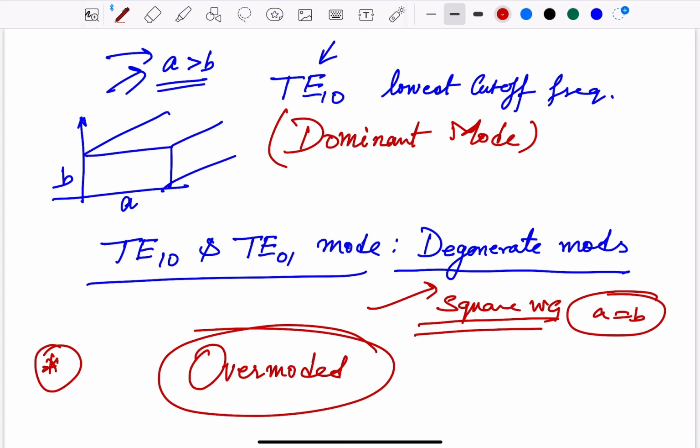So still these rectangular and cylindrical waveguides are very famous and acceptable in defense.